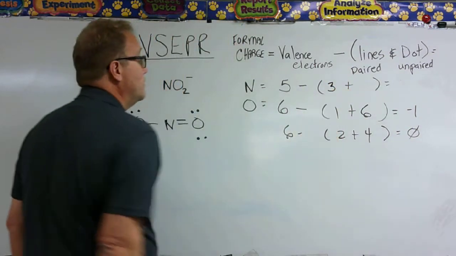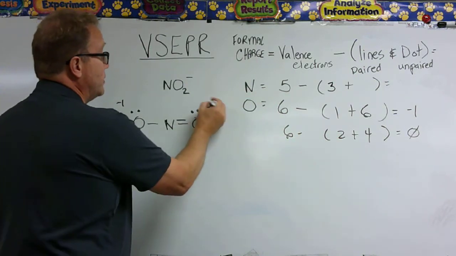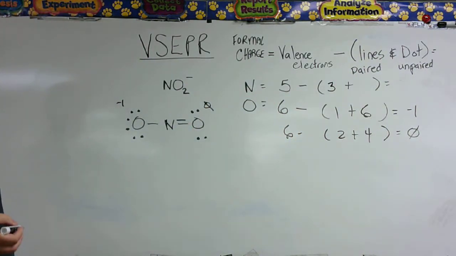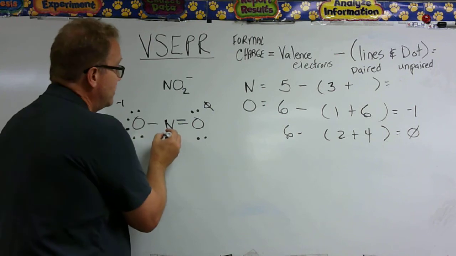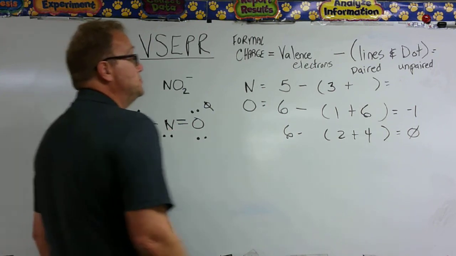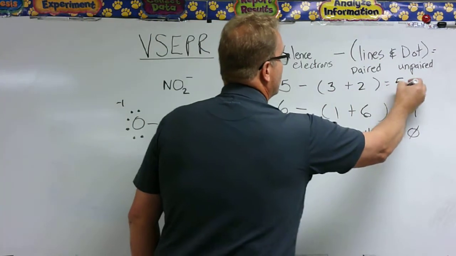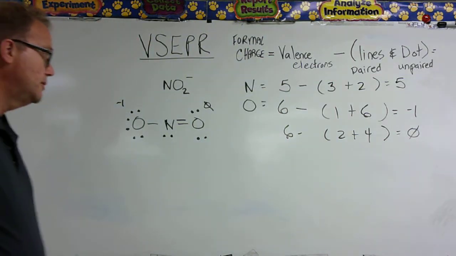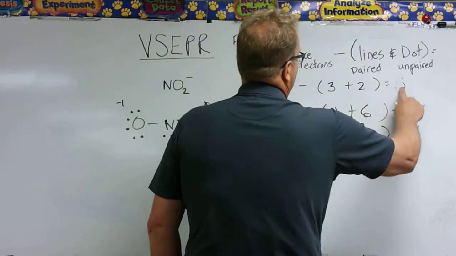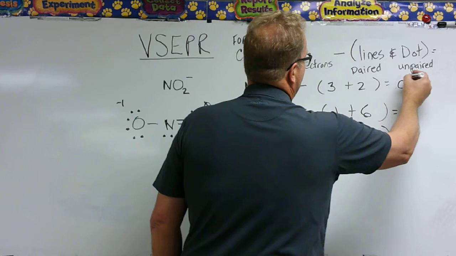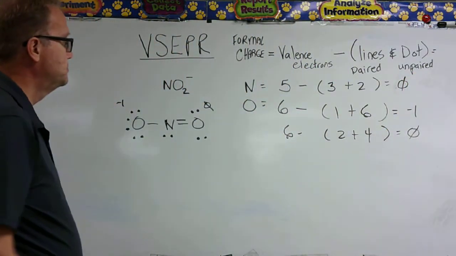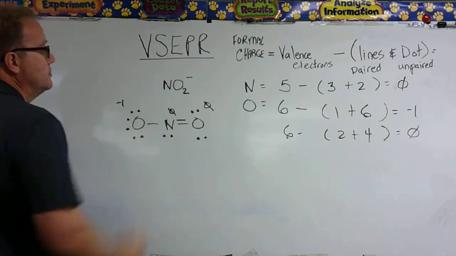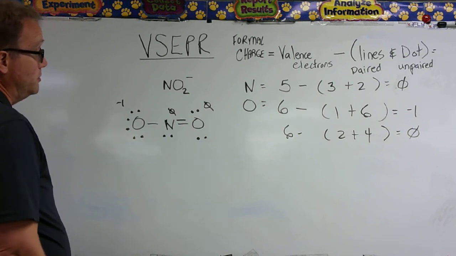What's going to make this equal to 0? Because I want my central atom to be equal to 0. Well, I'm going to have to add 2 dots. And that equals, oops, not 5, that higher level math, 0. So this is going to be this. That's going to make it polar.